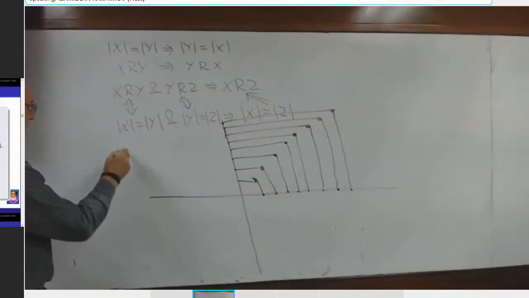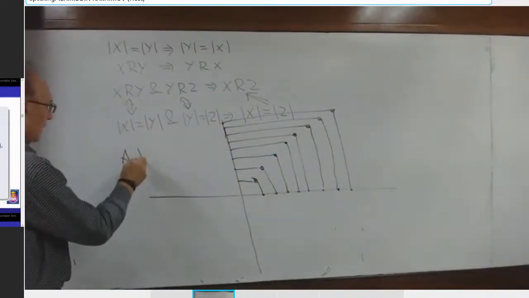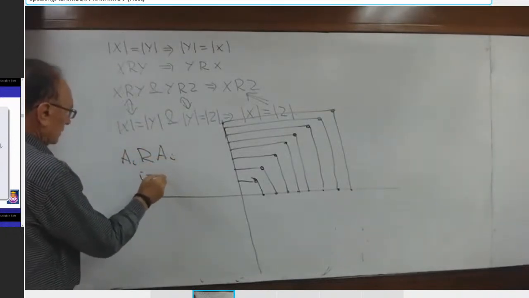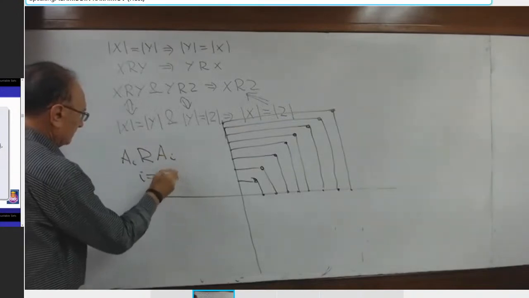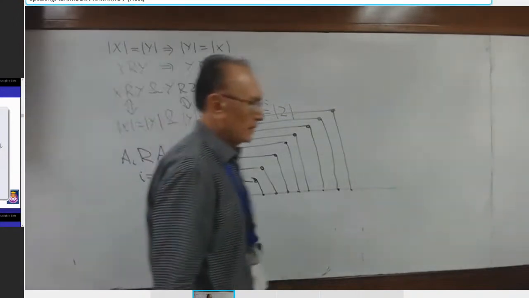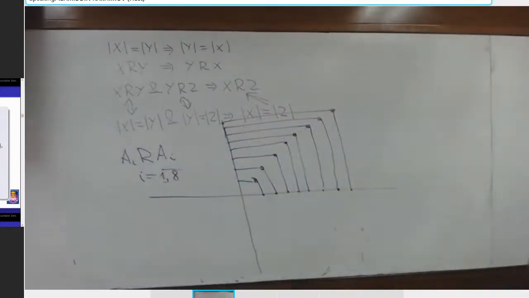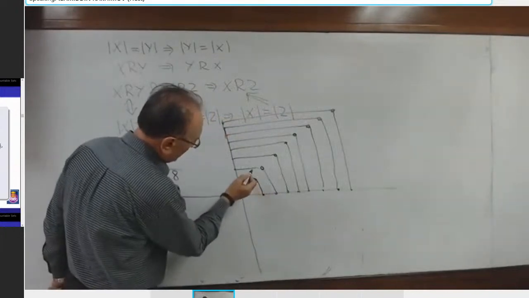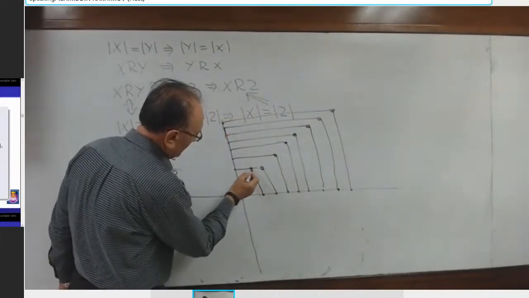Why? Because AI R AI for I from 1 to 8. Then next one is 1, 2.